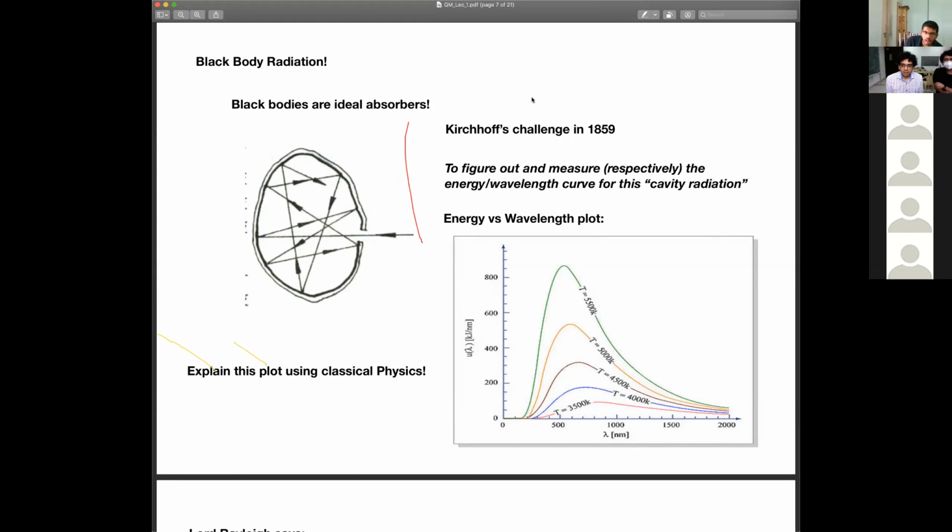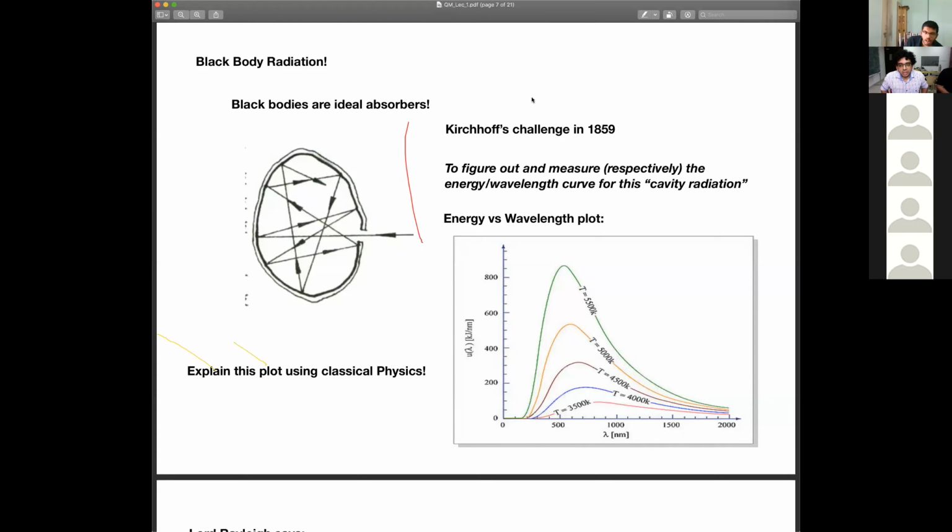So the concept of radiation and absorption are closely related, right? So for example, if some object is in thermal equilibrium, it means that it radiates as much as it absorbs. Okay? So the concepts of radiation and absorption are closely related to each other, particularly for bodies in thermal equilibrium.